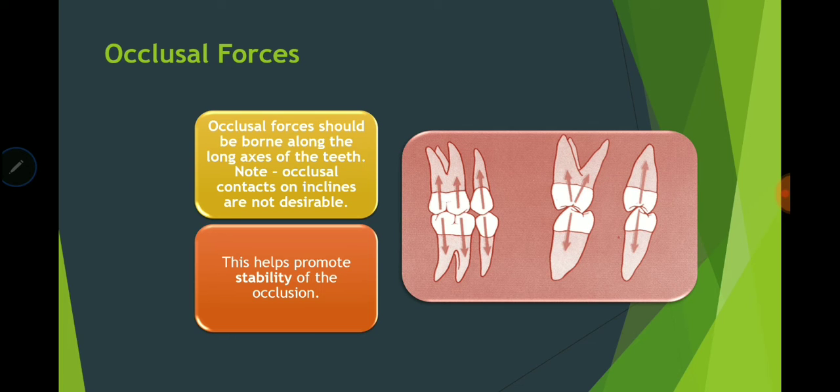So if you want to establish a nice crown whose forces are well distributed, you have to have occlusal forces directed along the long axis of the tooth. If everything is healthy, this promotes stability of the occlusion.